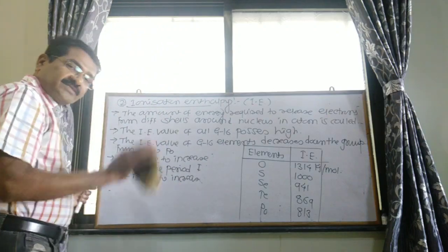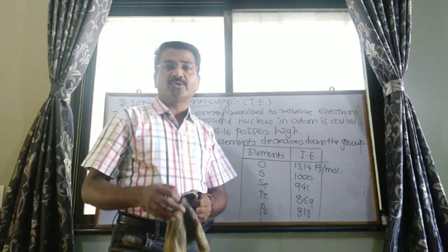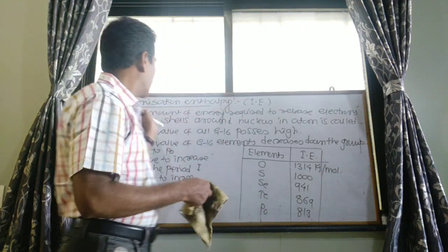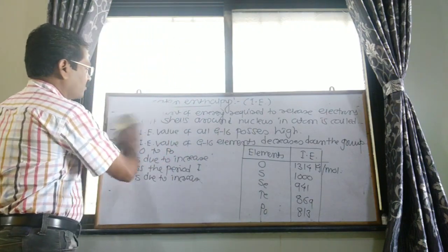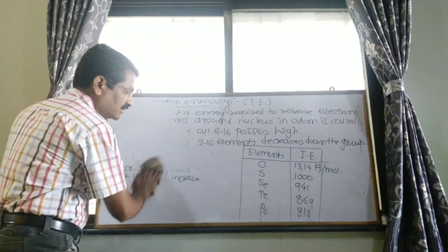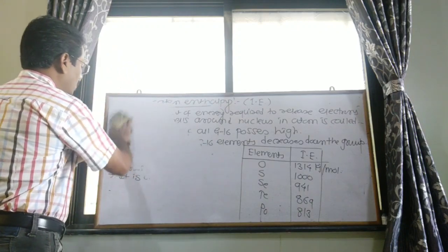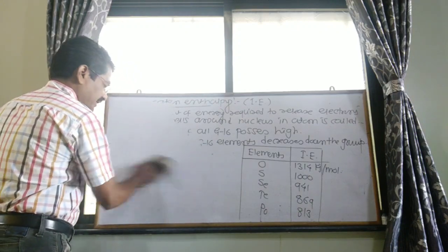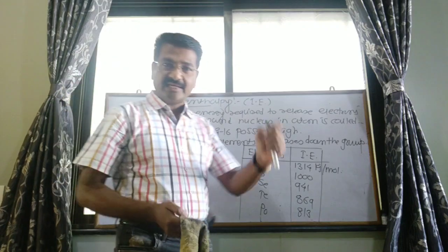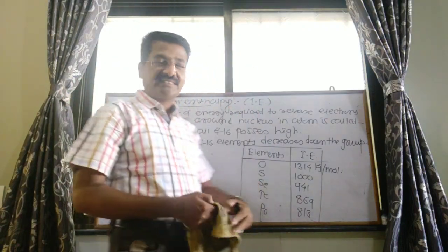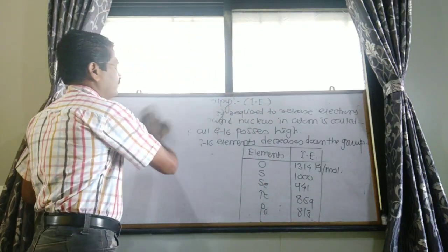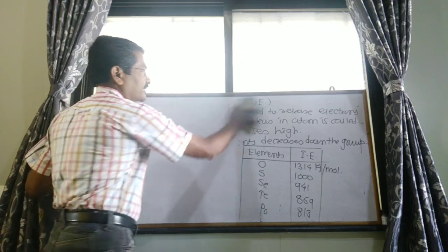So in this class we are going to discuss the third point, or third question for 2 marks, that is the electronegativity of G16 elements. The question may be, explain the electronegativity of G16 elements.